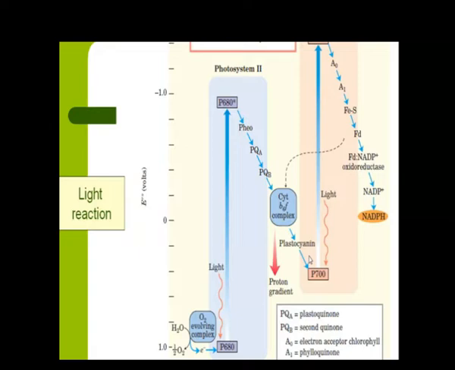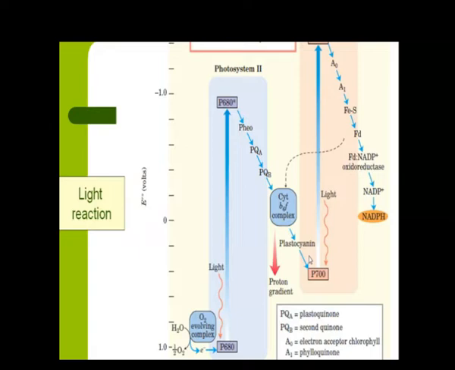Your P680 gets excited, and the electrons go to pheophytin, PQA, PQB. Then they go to the cytochrome B6F complex, plastocyanin. P700 was deficient in electrons, right? It received photons, it gave the electrons, but it never got electrons back. Plastocyanin is the one which will give the electrons to P700.